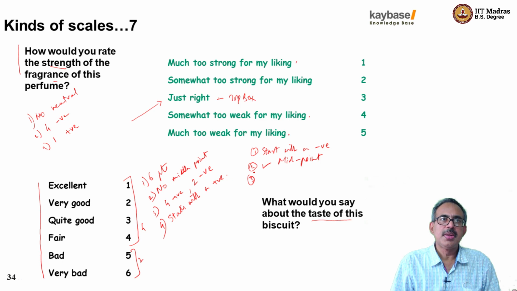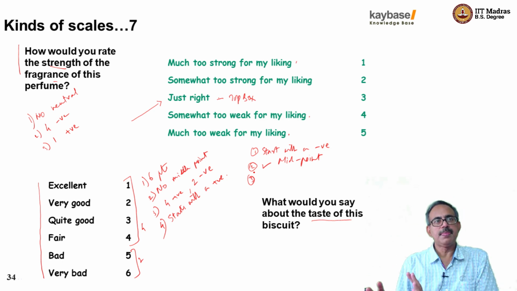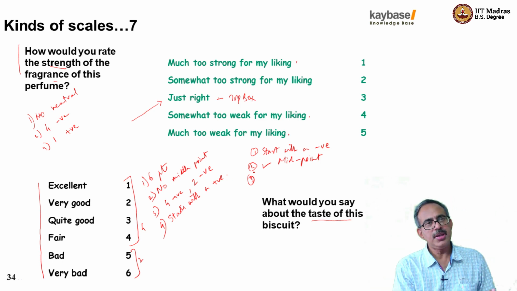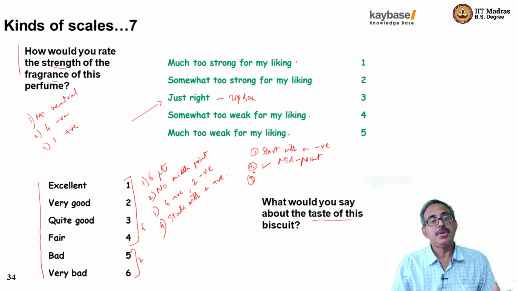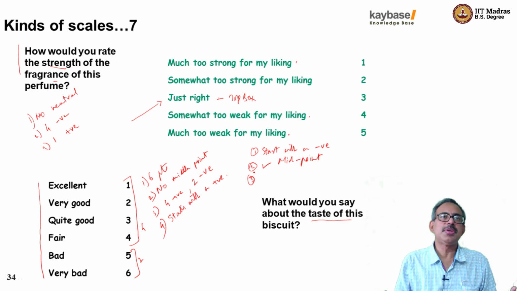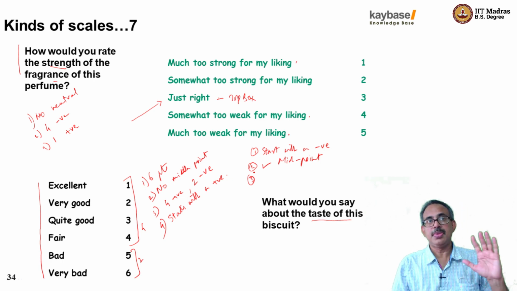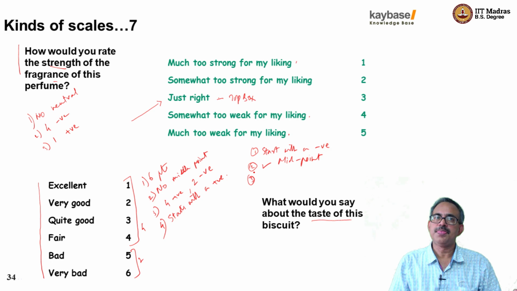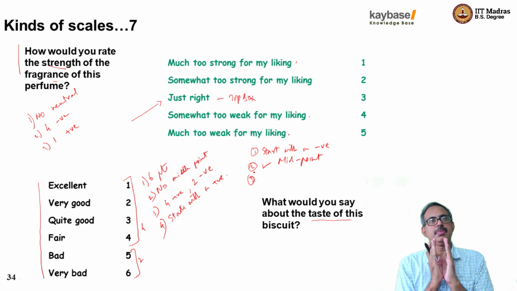The point is, a consumer may have a positive opinion, a negative opinion, or may be neutral. Your scale is supposed to give him the option to choose whatever he wants to choose. Your scale is not supposed to force him into positive or negative, because that goes back into the territory of bias. So you give him options. You're free to be negative, you're free to be positive, you're free to be neutral. Therefore, you must have a midpoint.